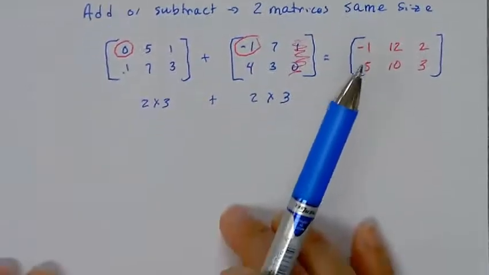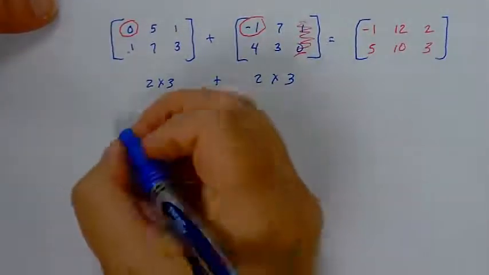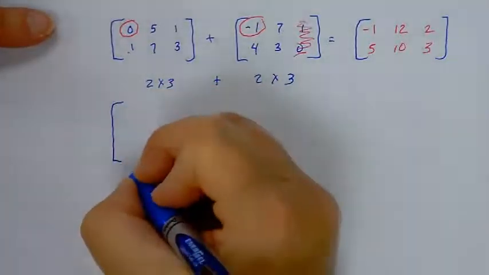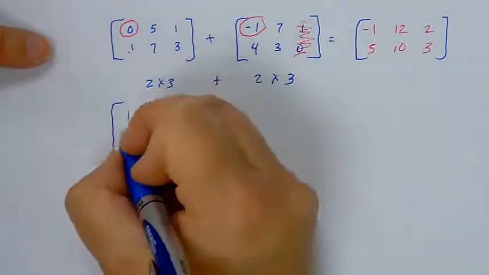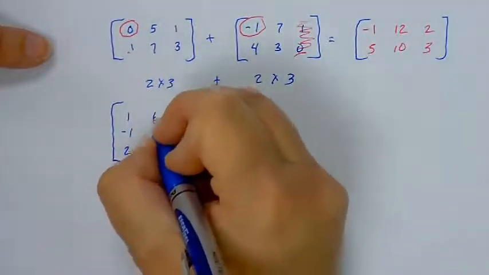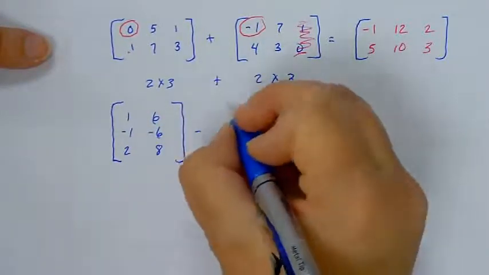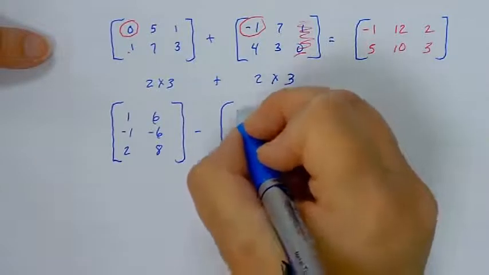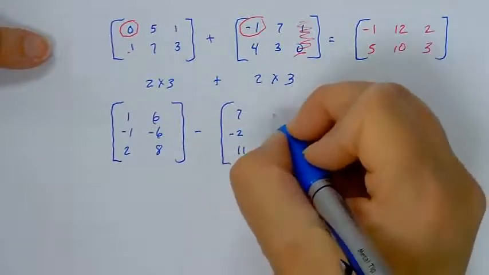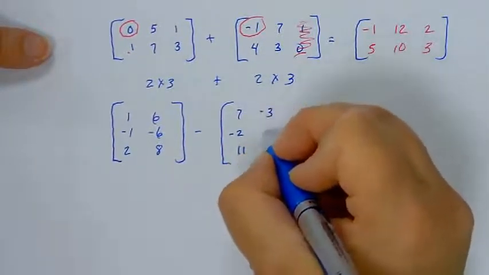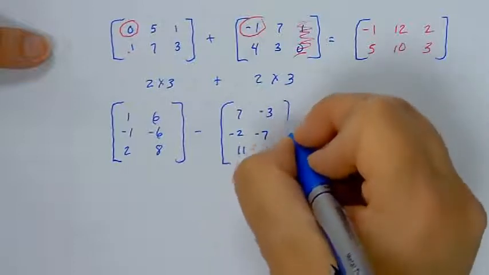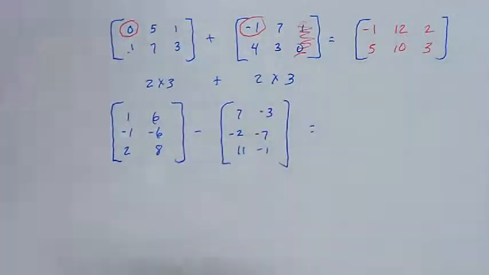I want to do a subtraction one with you just because kids get a little messed up on subtraction. And let's make this one a 3 by 2. So the other one has to be a 3 by 2. So we can put these together by subtracting, but we have to make sure that they have the same dimensions.